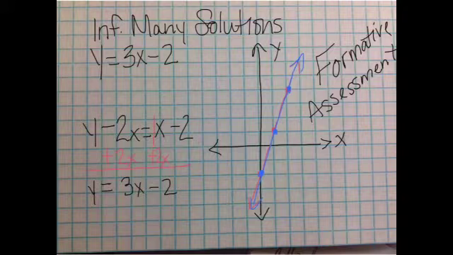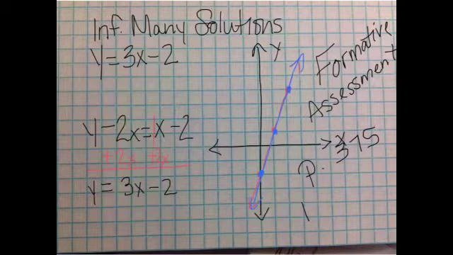Just to prove to me that you understand how to graph a system of equations with one solution, no solution, or infinitely many solutions, I would like to give you a formative assessment from page 375. I want you to do problems 1 through 4, please. That's not very many problems. 1 through 4 on page 375.